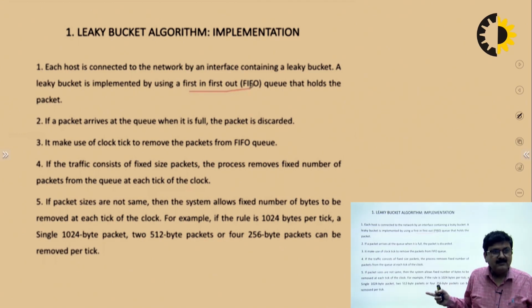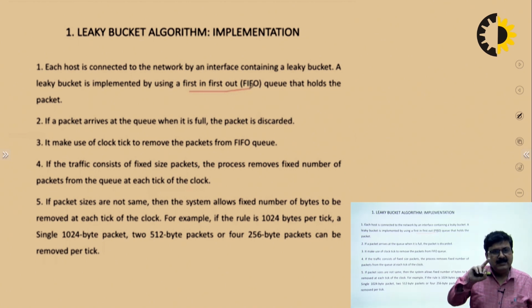It is fixed that one packet goes out, but at the input end it is not fixed. At every tick, maybe 3 packets come in, maybe 10 packets. The input is variable but the output is constant.